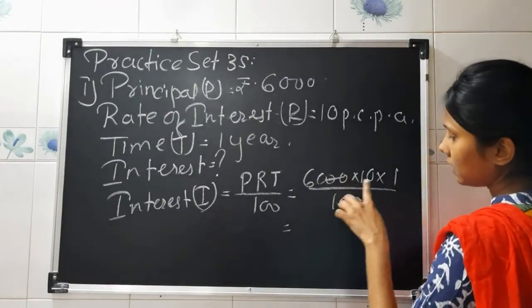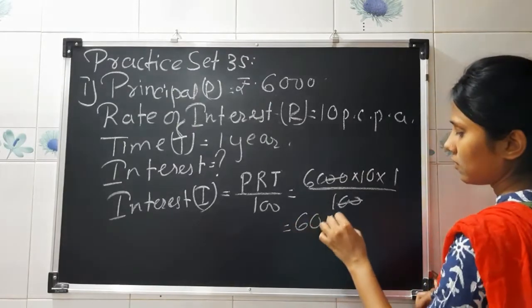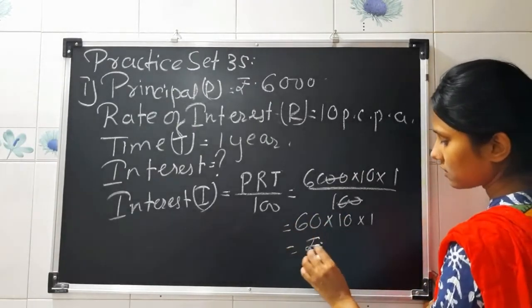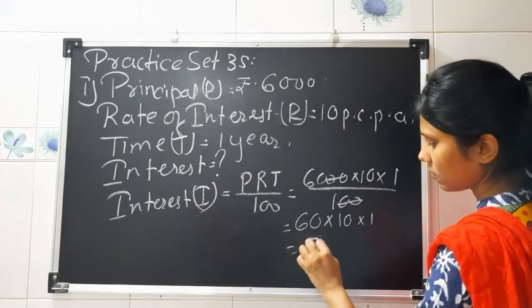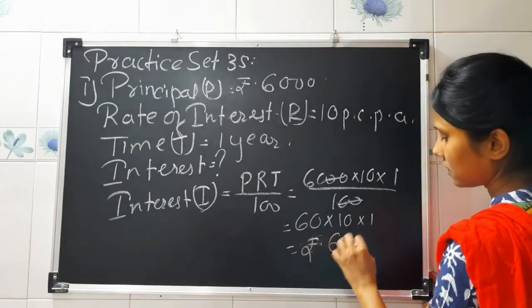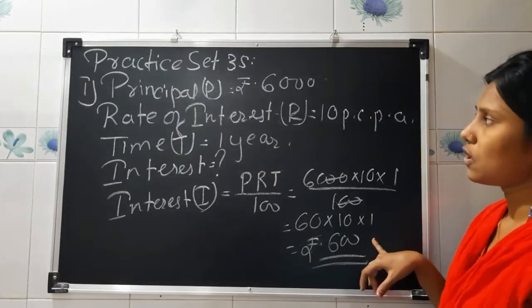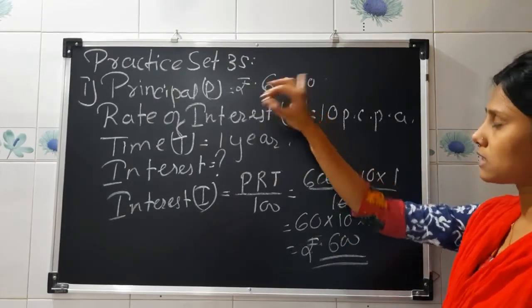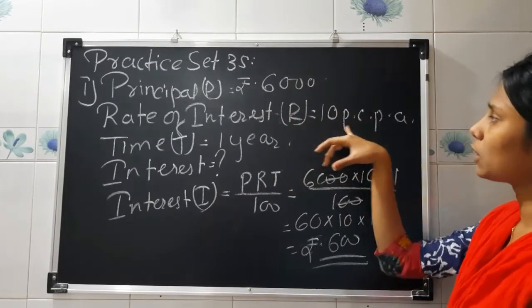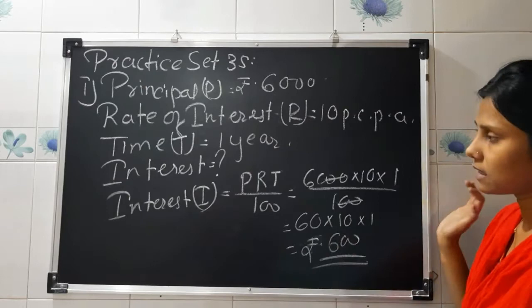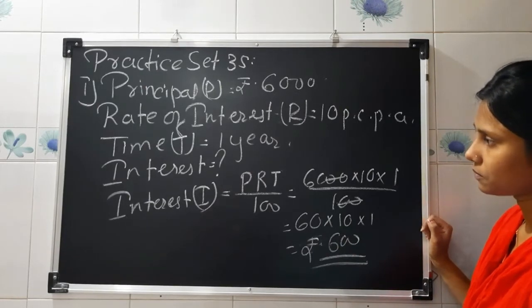Then 60 into 10 into 1, rupees 600. So the interest charged on the principal amount 6,000 for 1 year at the rate of 10% per annum is rupees 600. Okay.